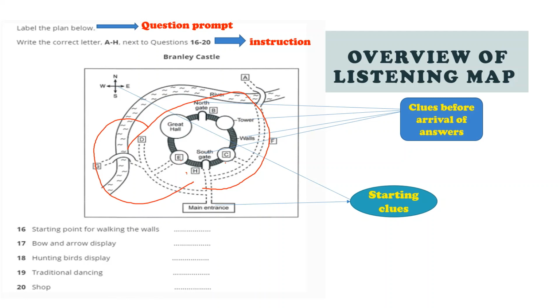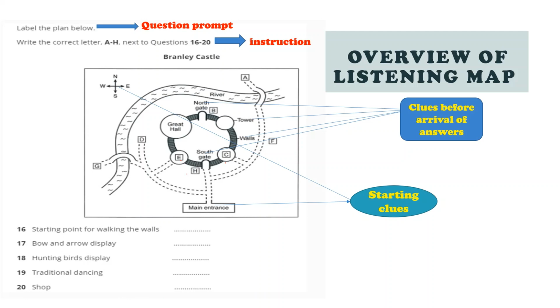So you need to give proper attention to the starting clues and other clues given on the map, so that you make yourself comfortable with the type of words and things that you are going to listen to and where to look.